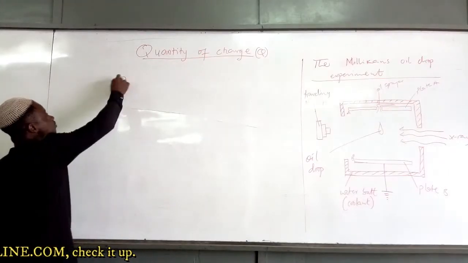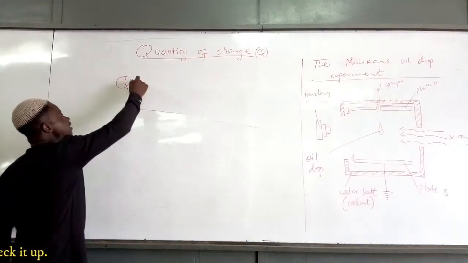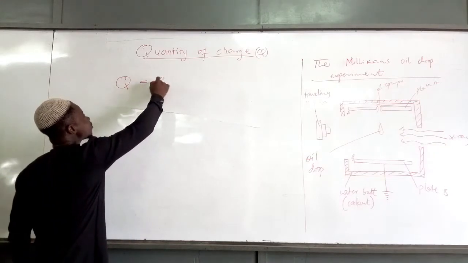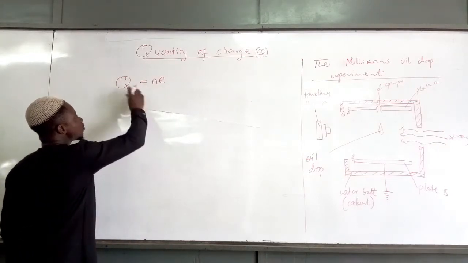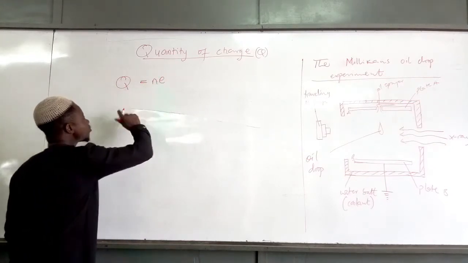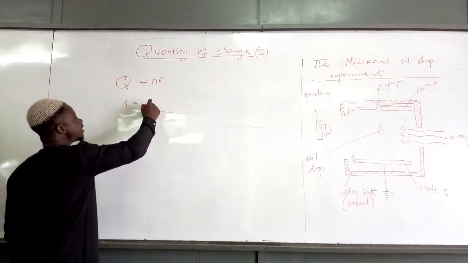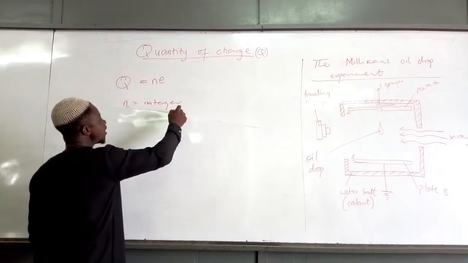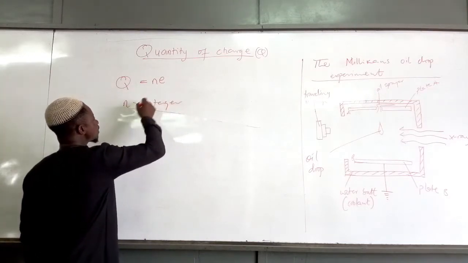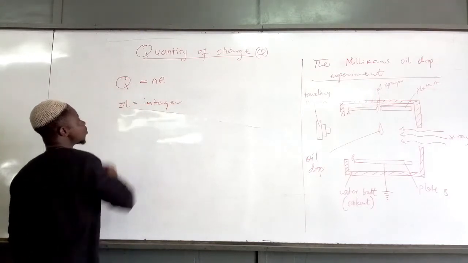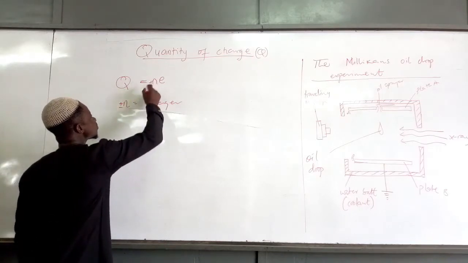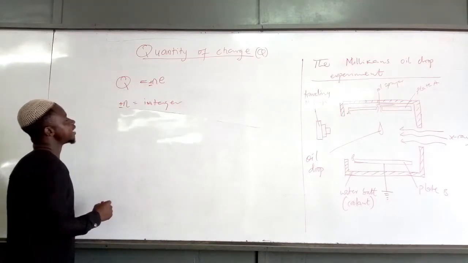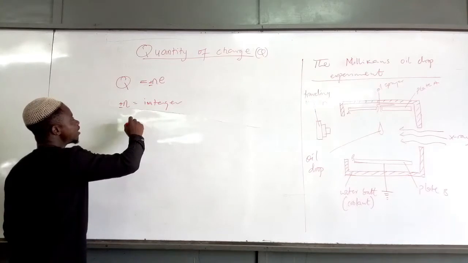The quantity of charge is an integral multiple of the electronic charge, where n is an integer. N is an integer which can either be positive or negative. So the formula is written as: plus or minus Ne, where n is an integer.